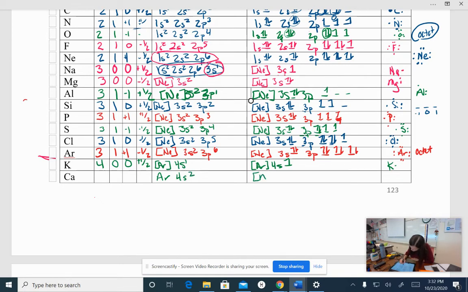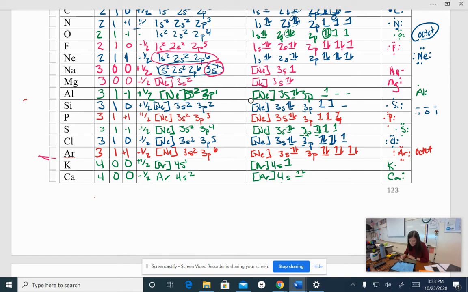So argon, 4s, both up and down. So calcium will have 2 dots. Now our quantum numbers, 4 for our energy level is still an s orbital, so 0 for the L number, 0 for the orientation. It's a down spin, so -1/2.